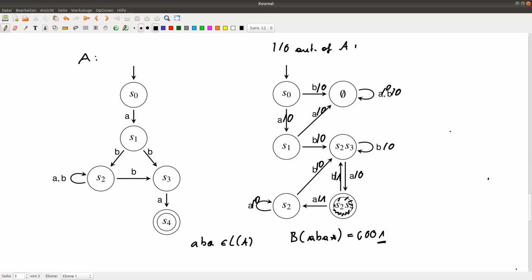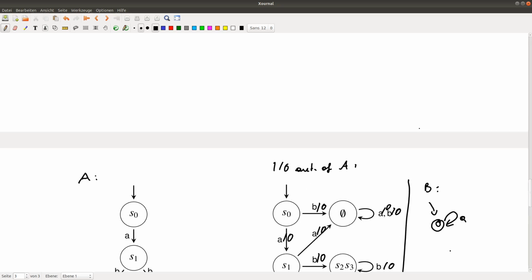And this 1 at the end of the string indicates that ABA is indeed accepted by A, so it's in the language of A. Now one could ask, why do we label the outgoing edges of the final states with a 1 and not the incoming edges? Let's consider the following example. Let's say we have an automaton B, and it consists of one state, which is a final state, and it has one edge labeled with an A that goes to the state again.